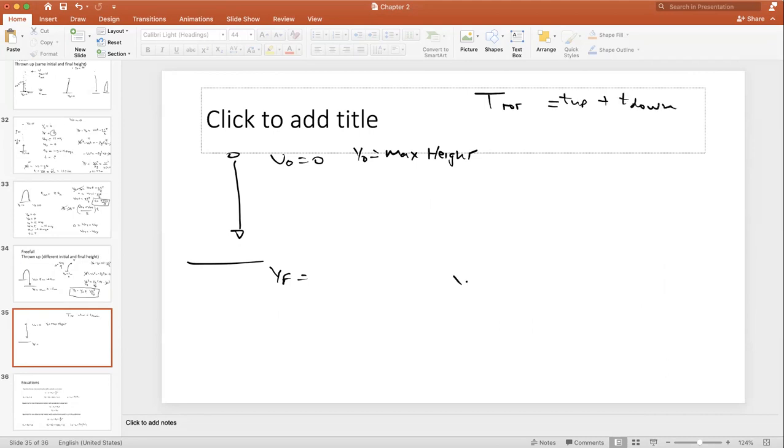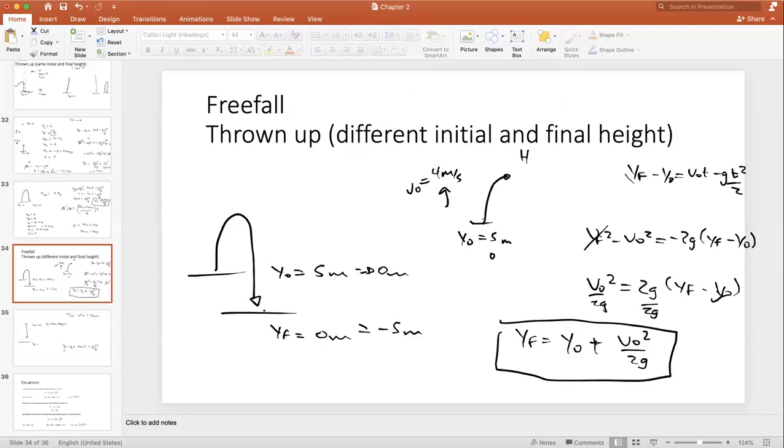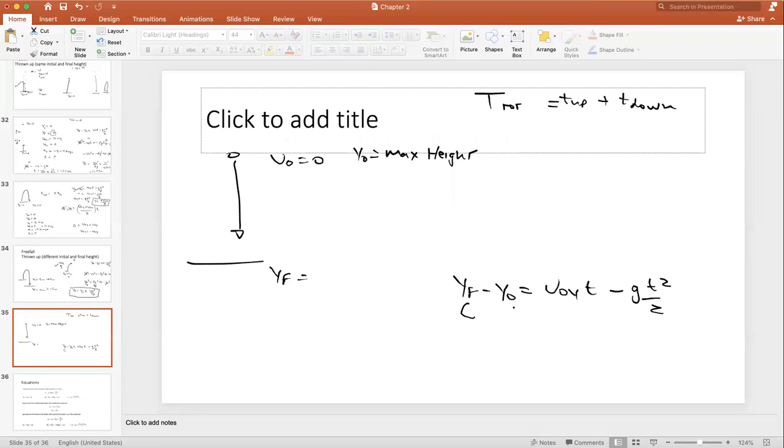or you could do it with y final minus y initial equals v naught t minus gt squared over 2, where now these are actually the full total trajectory that it took. That's a little bit more complicated, only because you're going to have to do a quadratic here.